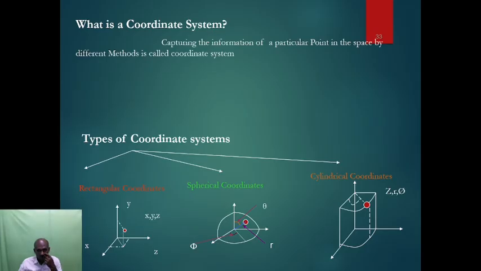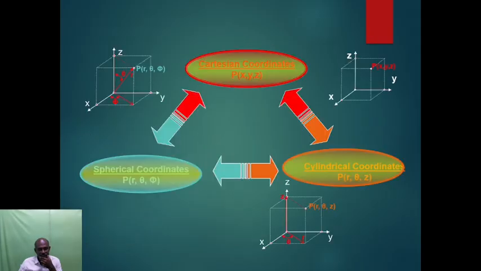Two are distance vectors and phi is an angular vector. In this way we classify rectangular, spherical and cylindrical coordinate systems. x, y, z for Cartesian, r, theta, phi for spherical, r, theta and z for cylindrical.